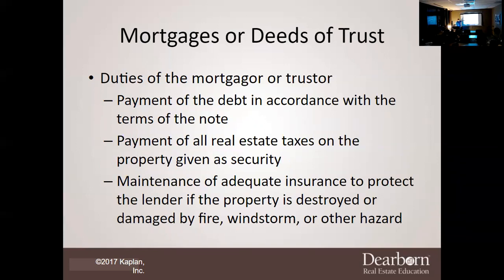So you have to pay your debt, pay your taxes, and here's the biggest one right here, maintenance of adequate insurance to protect the lender if the property is destroyed or damaged by fire, windstorm, or other hazard. What do you have to have, Miss Linda? What 3 items? Pay your debt, you have to pay your taxes, and you have to have insurance on it.